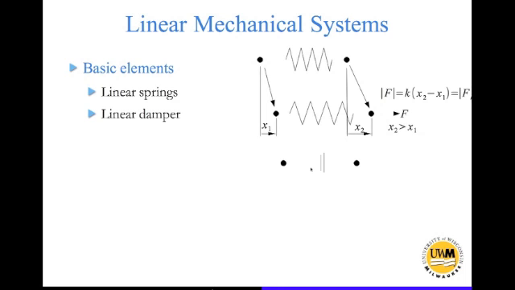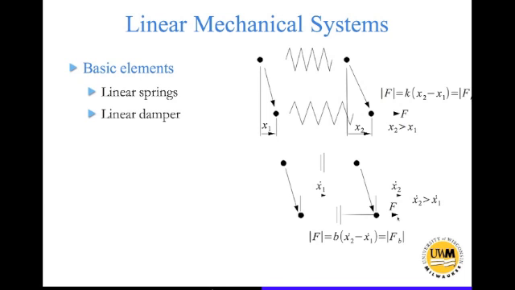A damper is schematically represented like this. Let's say you exert a force F on a damper, and one end moves at speed x2 dot, and this other end moves at speed x1 dot, and let's assume x2 dot is greater than x1 dot, which means that this damper is being pulled apart.